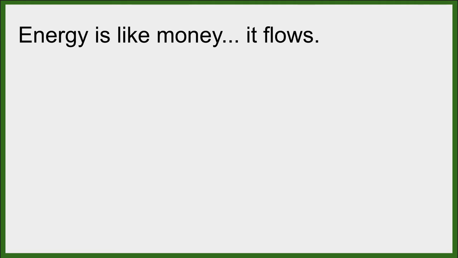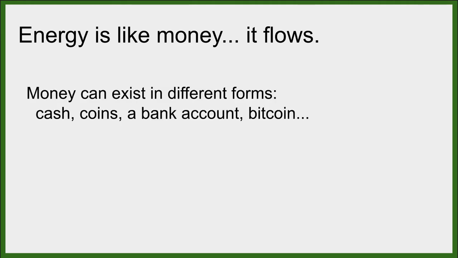Sometimes people like to think about energy like money. That might seem strange to you, but money also flows between different forms. You can have money as cash, as coins. You can have money in a bank account. Or maybe if you're really with it, you might have Bitcoin. Okay, but you can store money in many different forms.